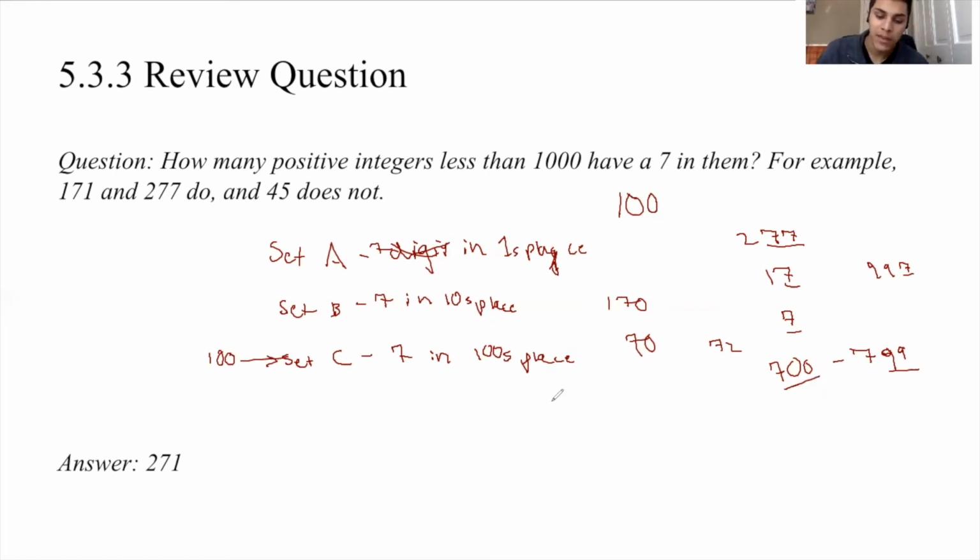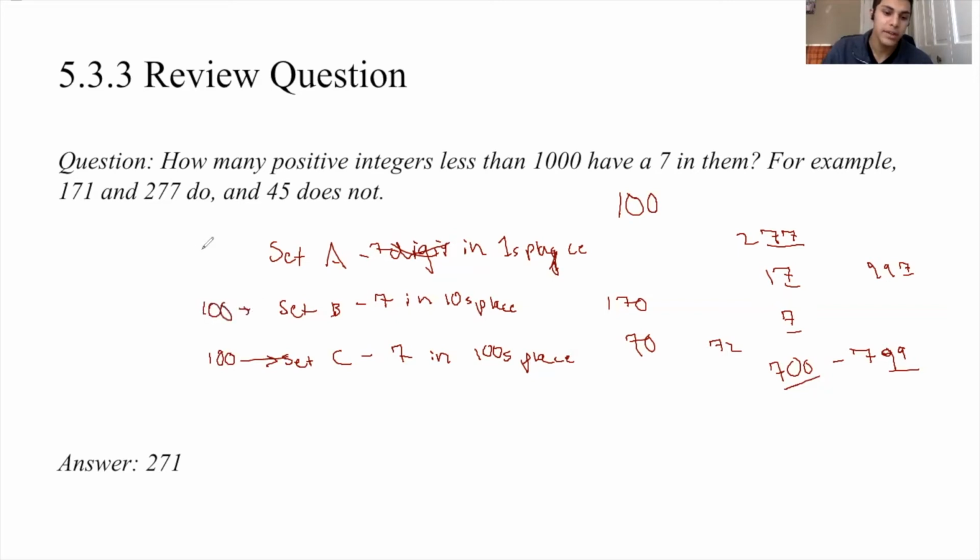And so we have that in just the 70s, and then we have the 170s, which have 10 numbers total, and the 270s, which have 10 numbers total, and the 370s, and so on. And you can see where I'm going with this. In every single 100, there are 10 numbers that have a 7 in the tens place, right? Because it'll go all the way up to the 970s. And since there are 10 100s below 1,000, then that means you have 100 numbers in set B.